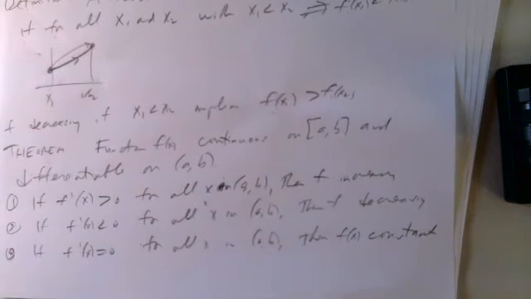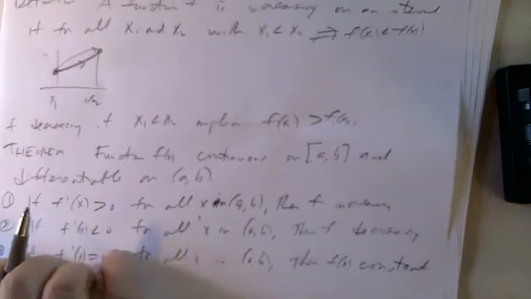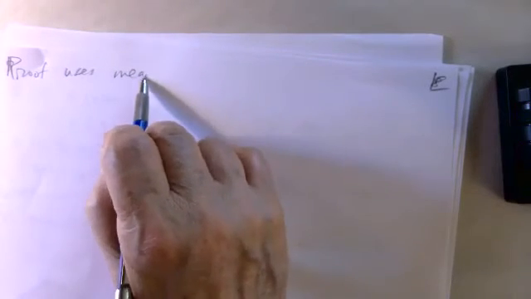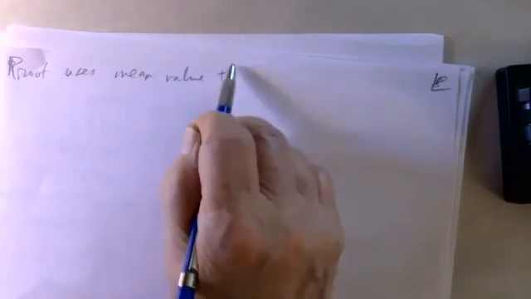The graph is just a horizontal line. So the simplest proof of this comes immediately from the mean value theorem. So the proof uses the mean value theorem.